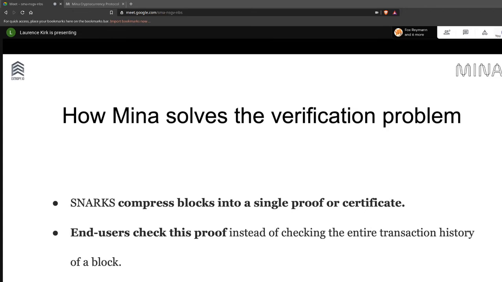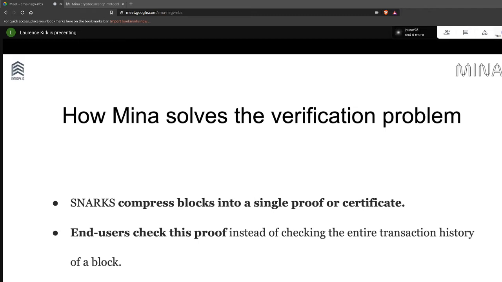And they do this by using zero-knowledge proofs. This is why we've been looking at them in the first half. What they do is use ZK SNARKs to compress the verification into a single proof. You can think of it like a certificate.